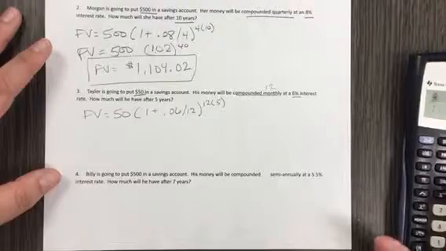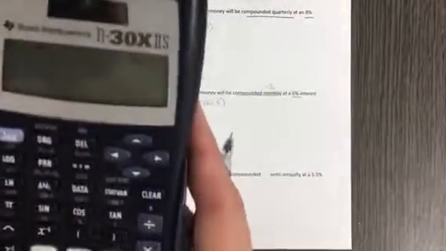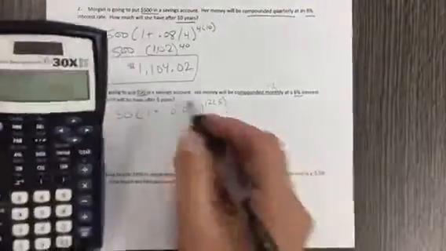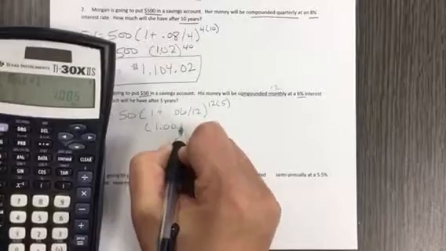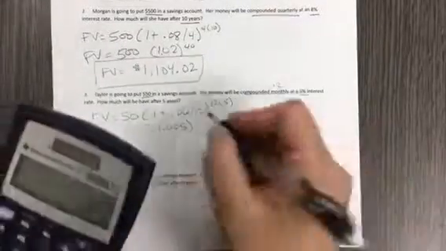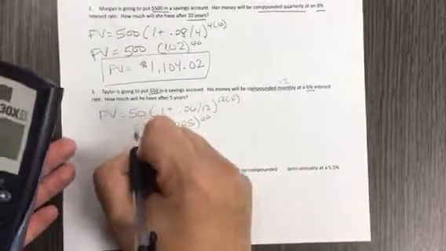Okay. So as I put that in my calculator, 0.06 divided by 12, plus the 1, so we're going to get within the parenthesis 1.005, and then you have the 12 times 5 on the outside, so you're at 60 as the exponent, drop down the 50.